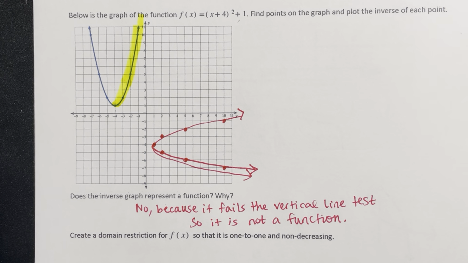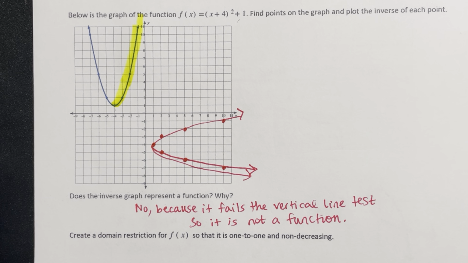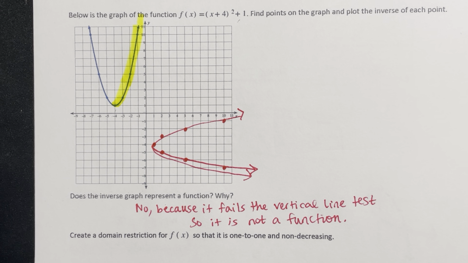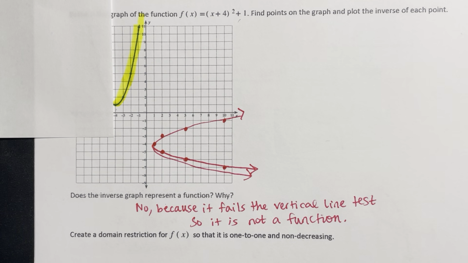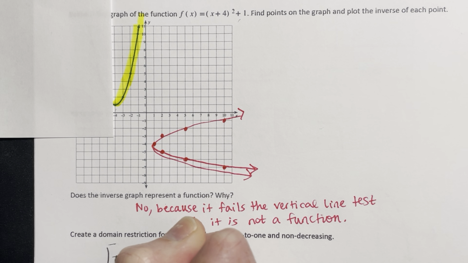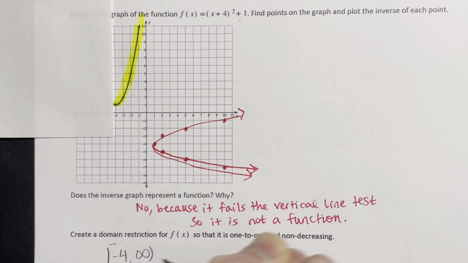If we focus only on the right side of that parabola, then it would be a 1-to-1 function. So I could even cover up that left half and see now we do have a 1-to-1 function. It is 1-to-1 and non-decreasing on the domain of -4 to infinity.